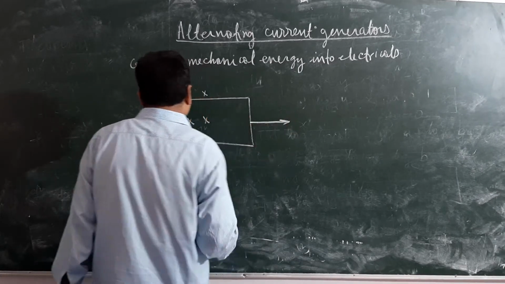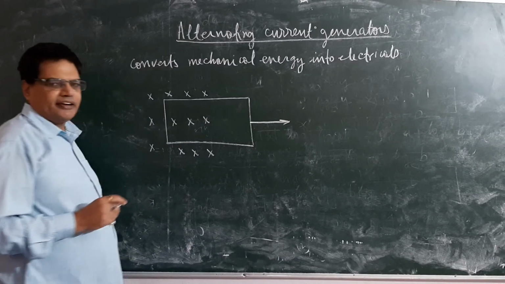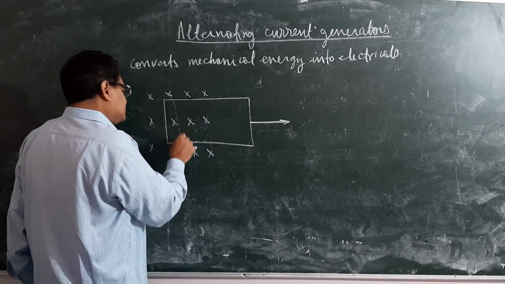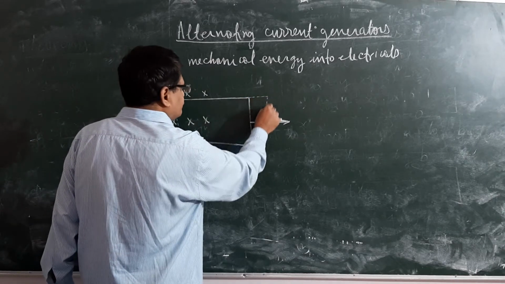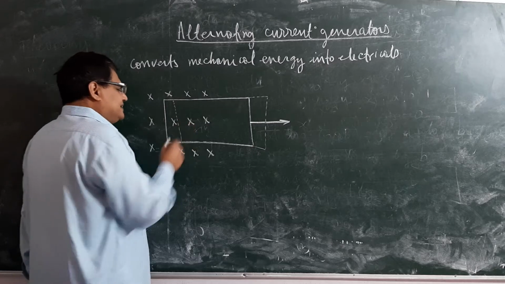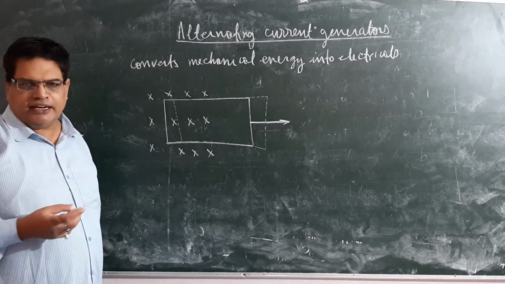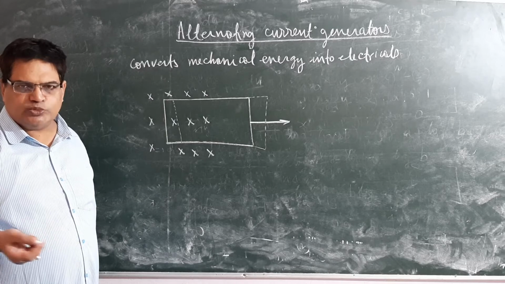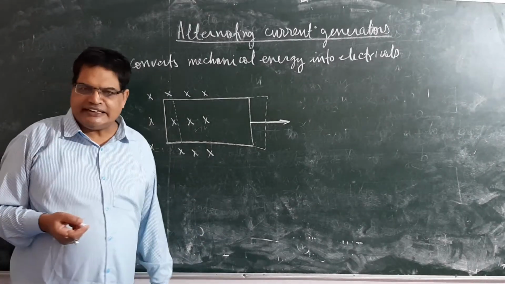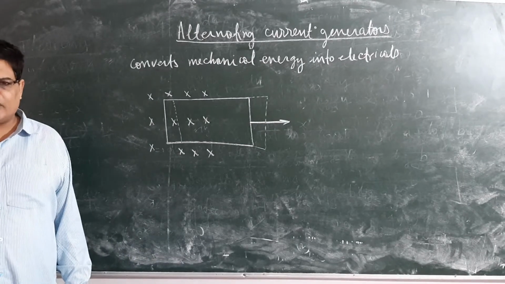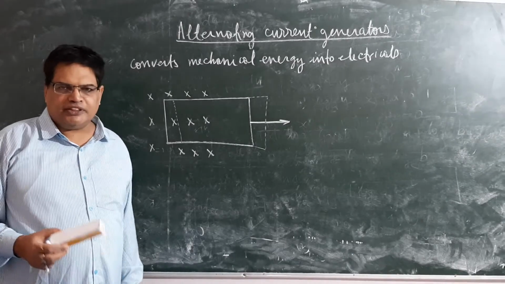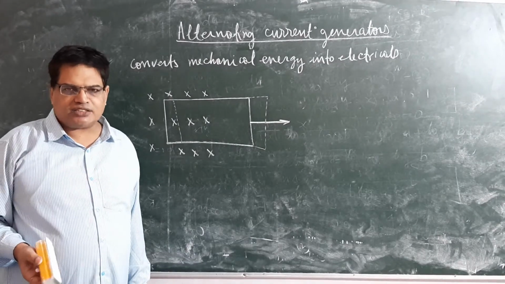If we pull it like this, there will be a change in magnetic flux. Say this coil moves to a new position like this. If it moves to a new position, there will be a decrease in magnetic flux. And as the magnetic flux changes with time, an EMF is induced in this coil. This phenomenon is known as electromagnetic induction.